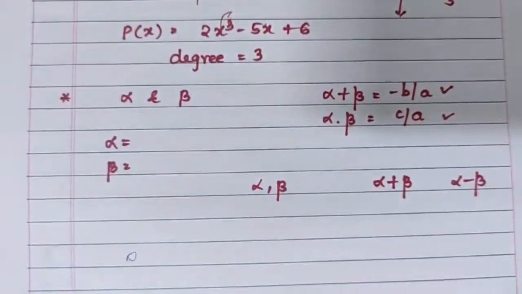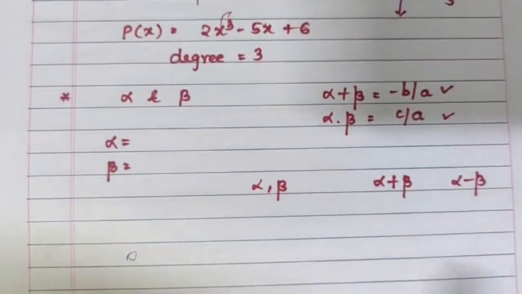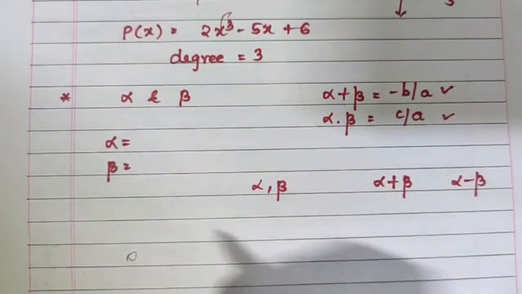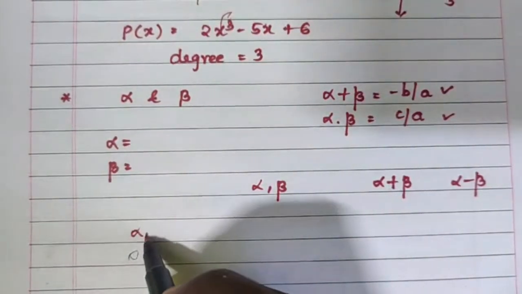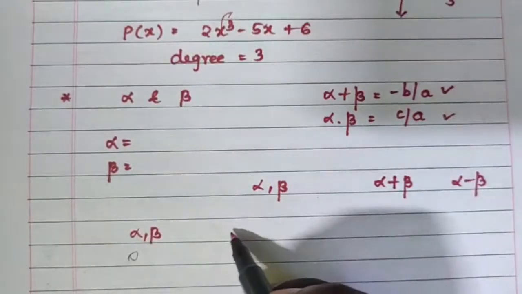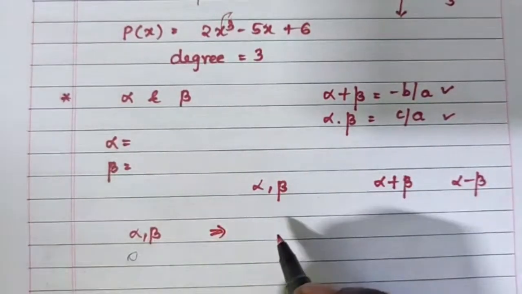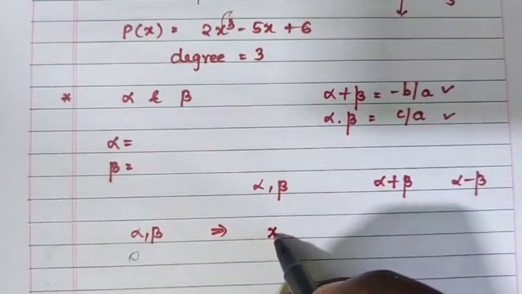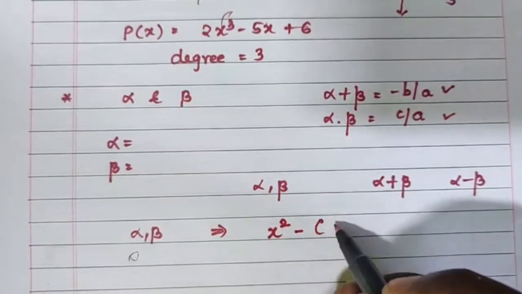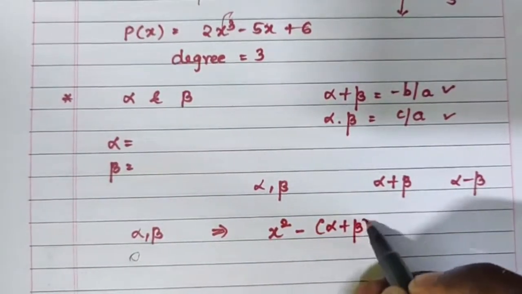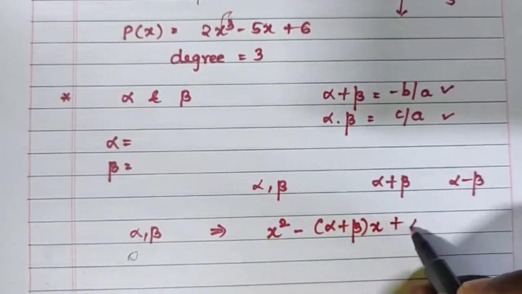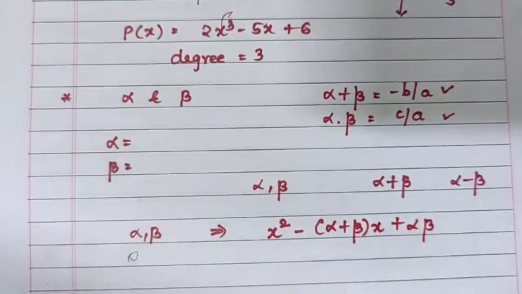So from this chapter you can easily score around 3 plus 1 plus 1, around 5 marks, from the unit polynomials. And also the standard form of a quadratic polynomial, when alpha and beta are given, is x square minus (alpha plus beta) into x plus alpha into beta.